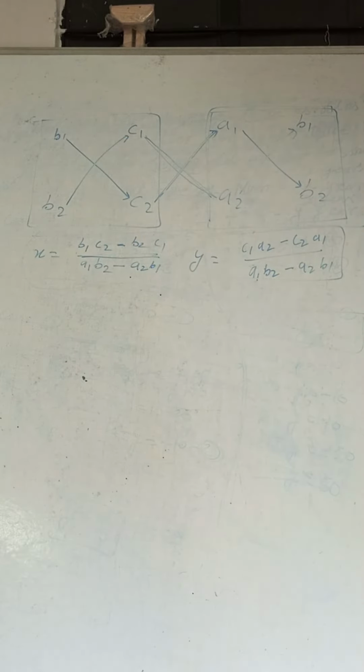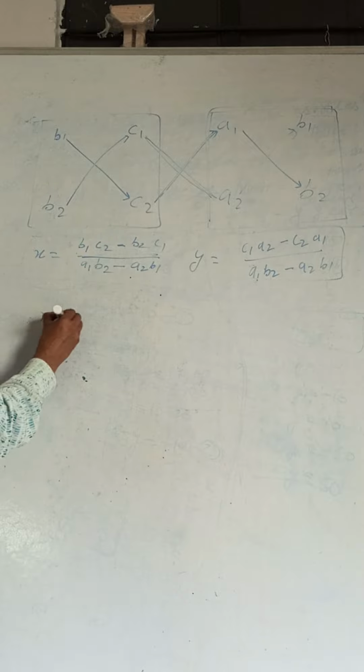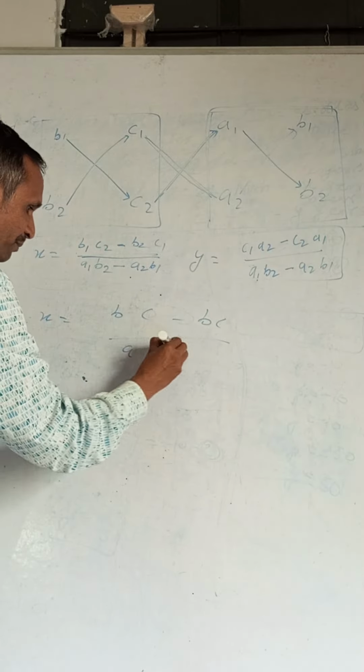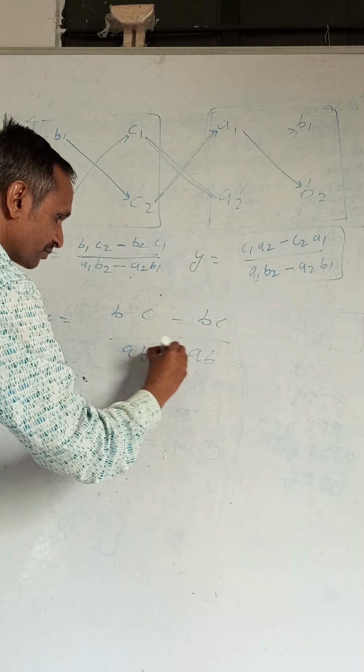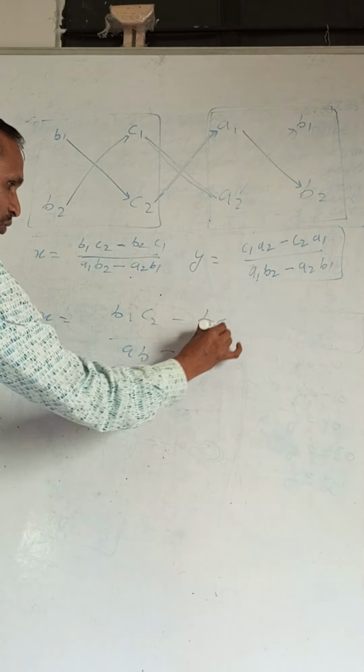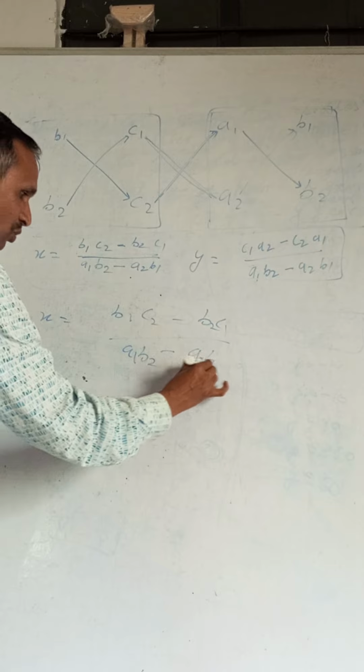Now suppose I write it without the subscripts, so how to remember it easily. X is equal to BC minus BC by AB minus AB. We can remember this with the subscripts 1, 2, 2, 1, 1, 2, 2, 1.